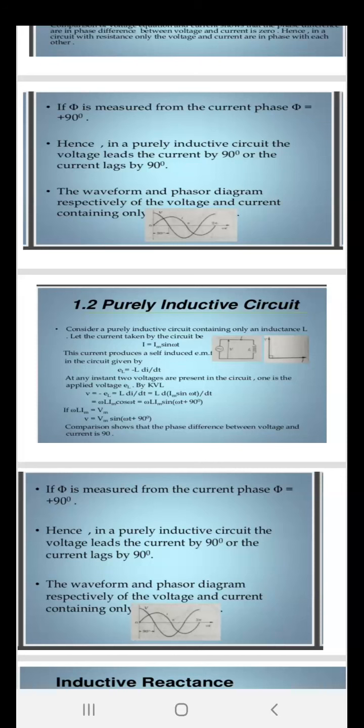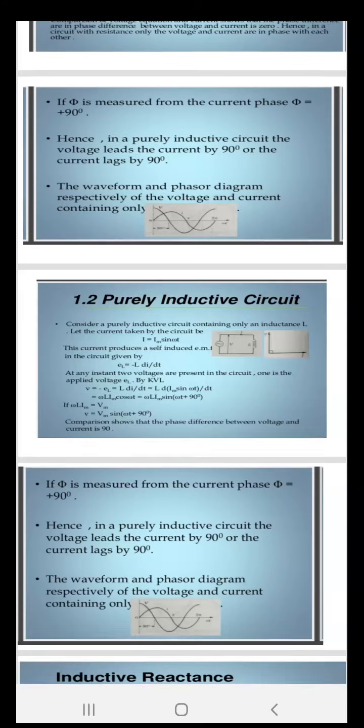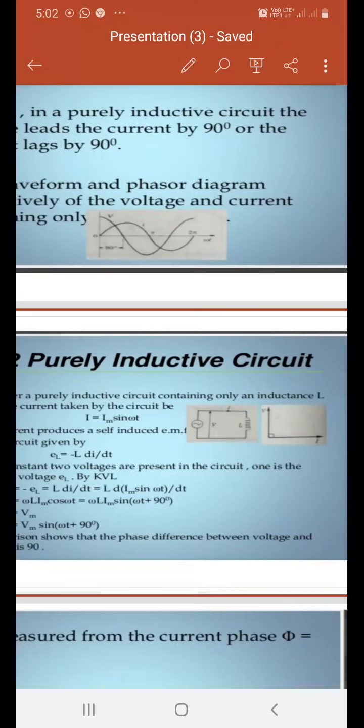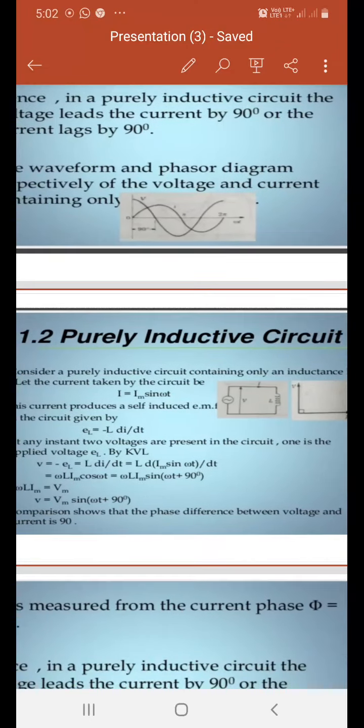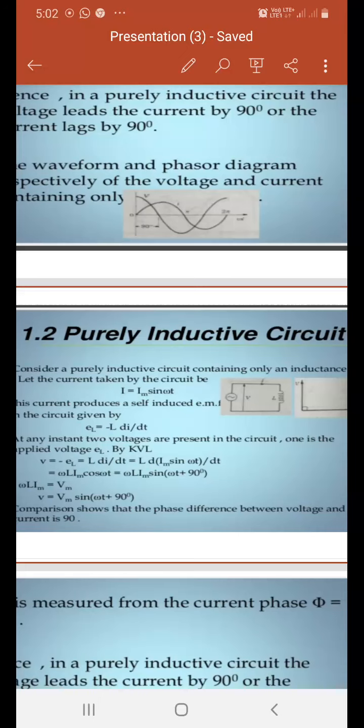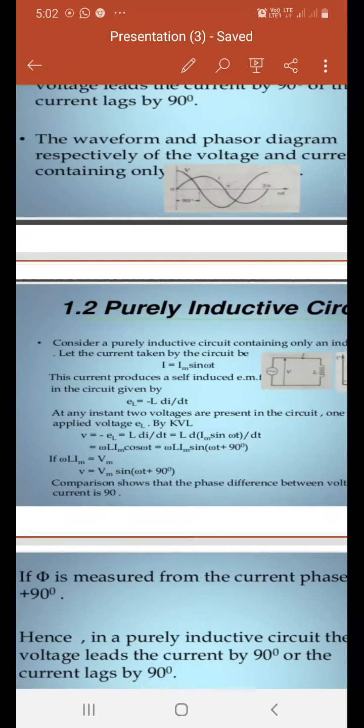Consider a purely inductive circuit containing only an inductance L, and current produces a self-induced EMF. See in the figure the coil, that is the inductive coil, and this winding is called inductive winding.